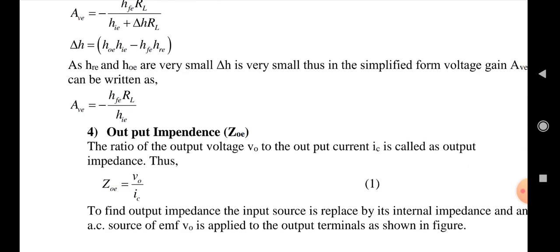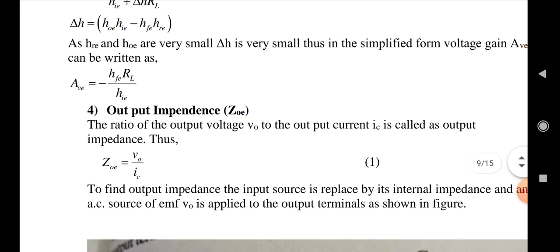Means voltage between the collector and emitter is V_ce, and it is denoted by V_o, means output voltage, upon output current I_c, means Z_oe is equal to V_o upon I_c, and this is equation number 1.